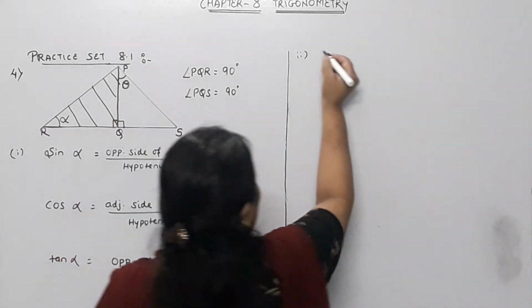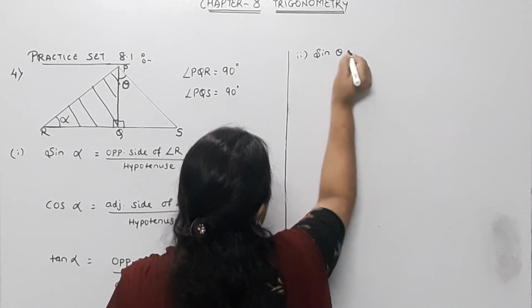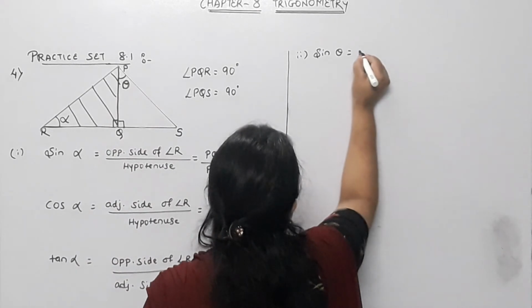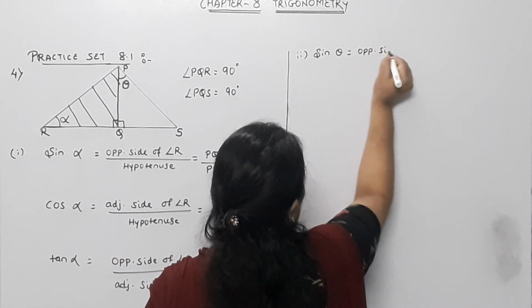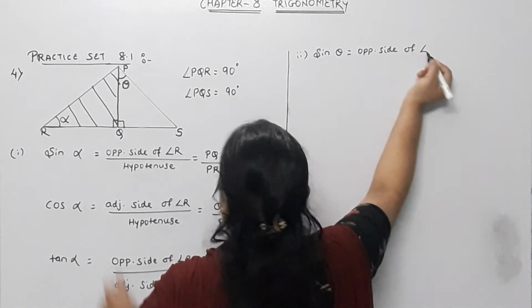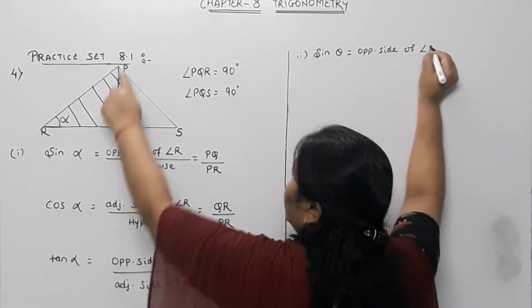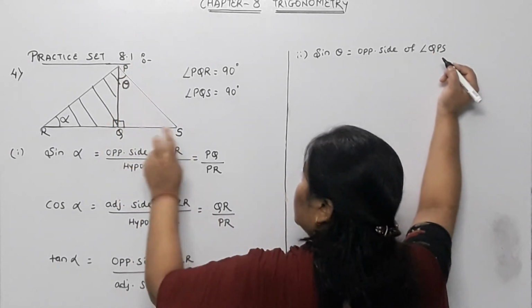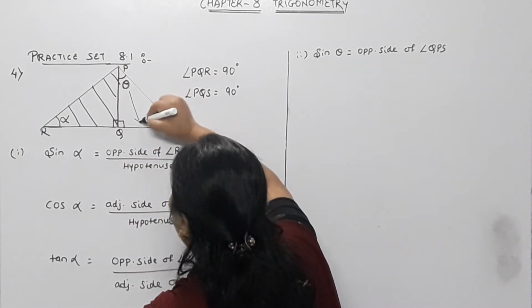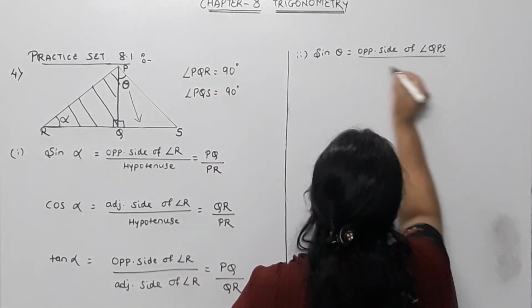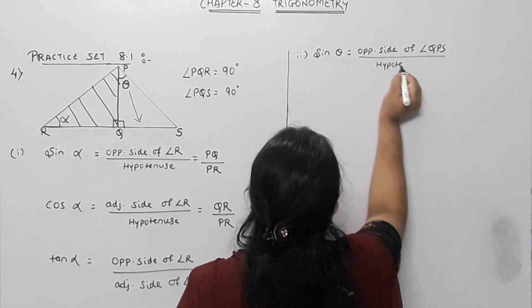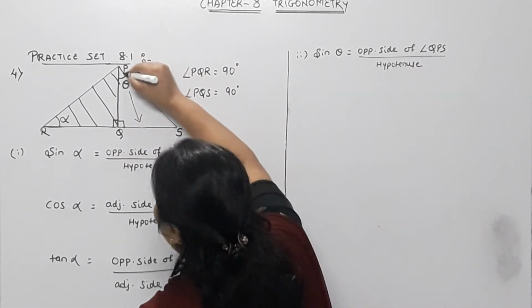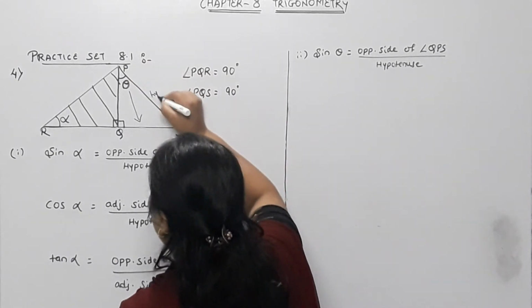So sin theta will be what? For this we will consider PQS. Sin theta means what? Opposite side of angle P, or we can say angle QPS, and this is the opposite side, that is QS upon hypotenuse. For triangle PQS, PS is the hypotenuse.